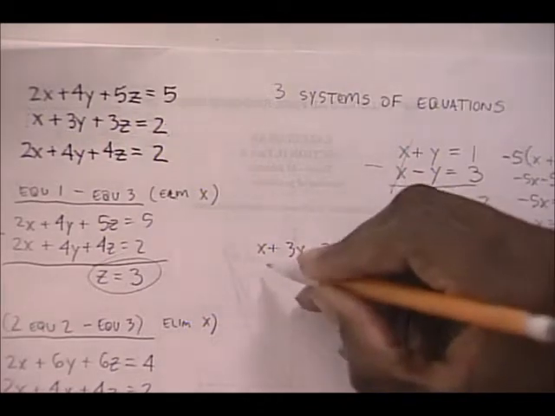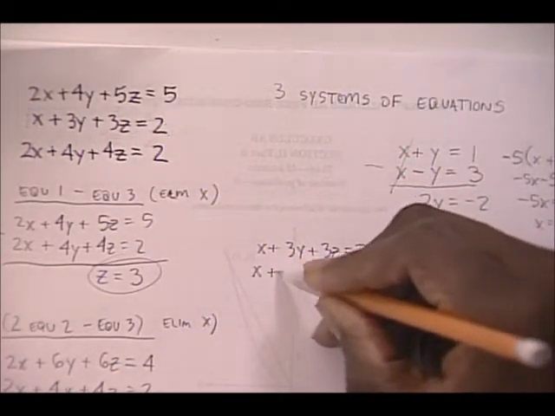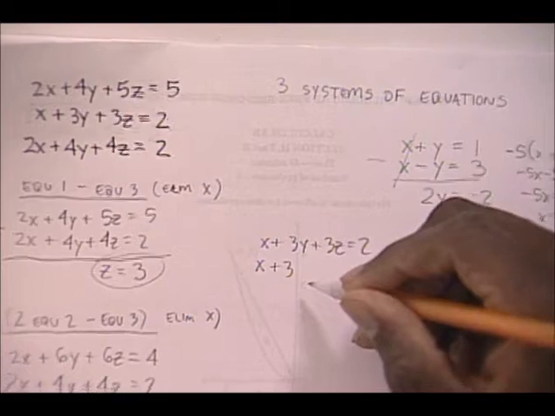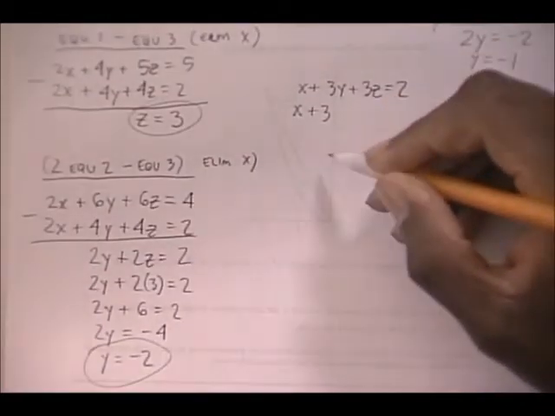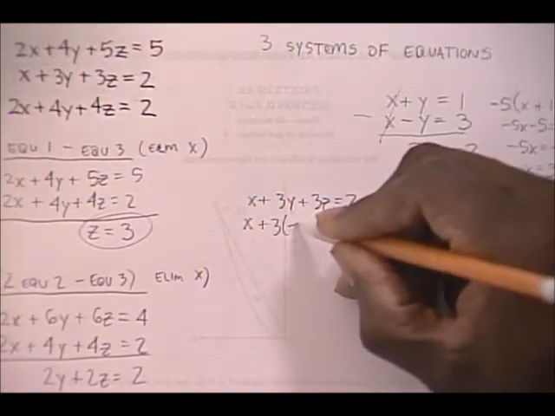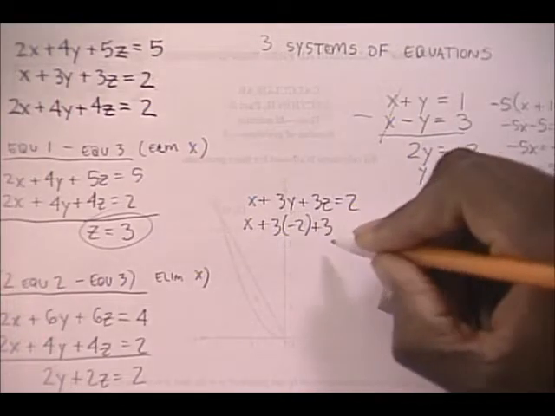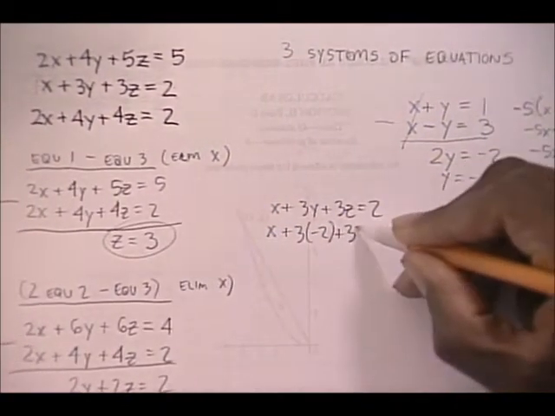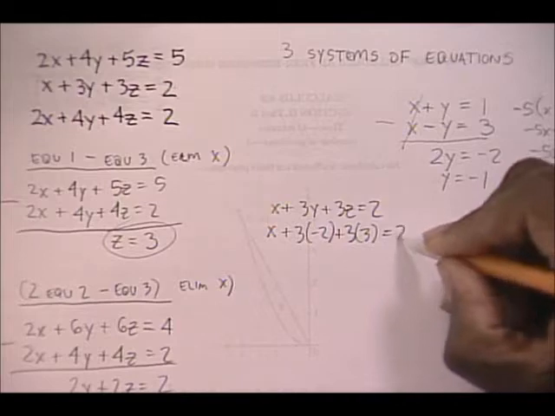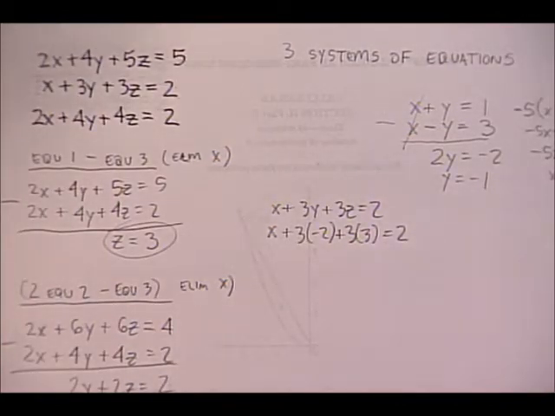And we're going to substitute. We get x plus 3 times y, which we've already calculated to be negative 2, so 3 times negative 2, plus 3 times z, z is 3, and that's equal to 2.